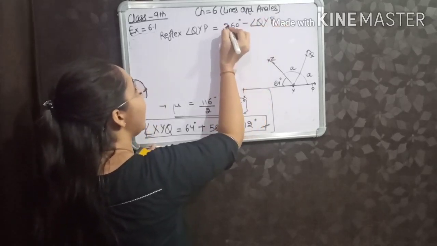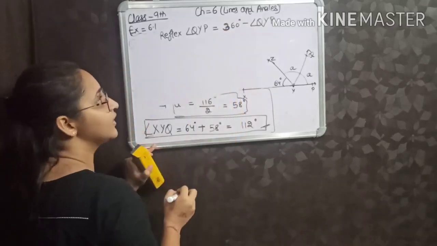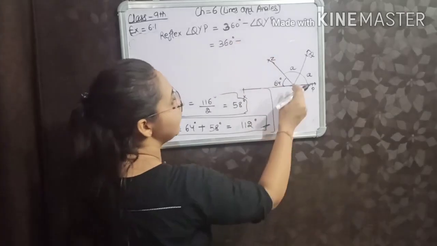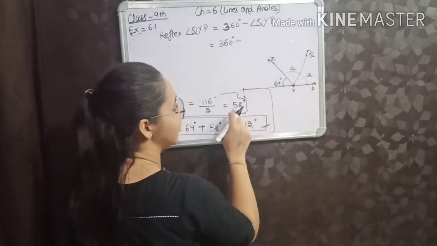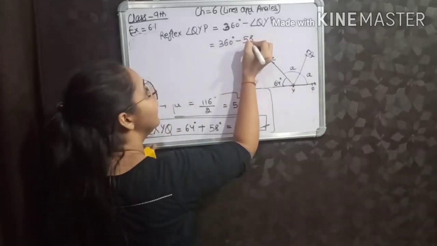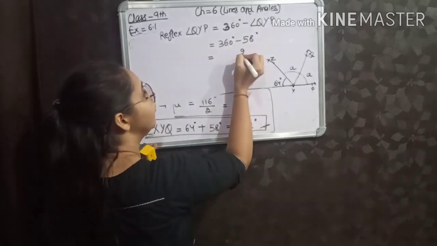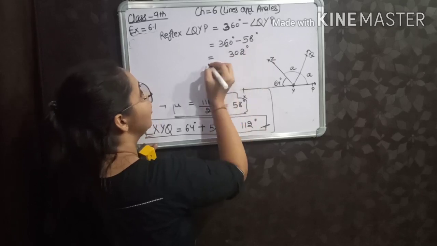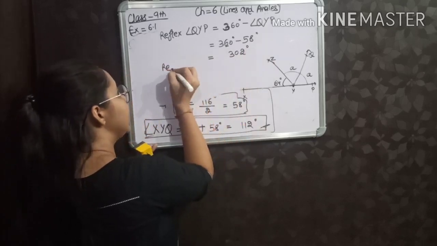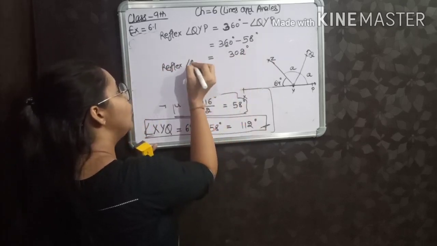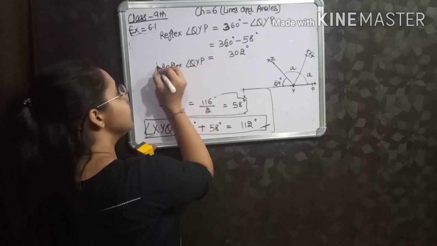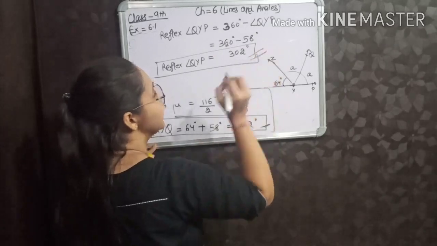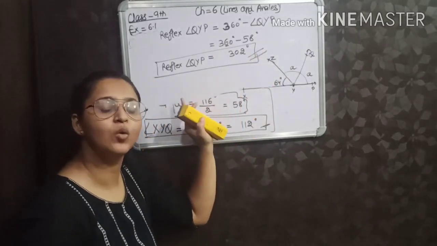This is the formula to find the reflex of an angle. So 360 degrees minus QYP, QYP is A, and A is 58 degrees. It will give you 302 degrees. Reflex QYP is equal to 302 degrees. This was all about our question.